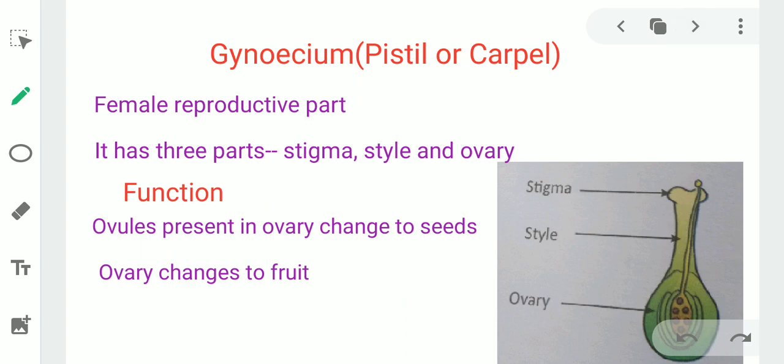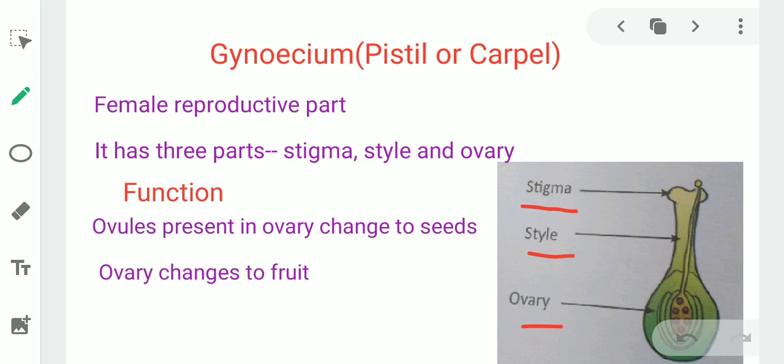Gynoecium. It is also called pistil or carpel. It is the female reproductive part. Further, it has three parts, stigma, style and ovary. Ovary is present at the base.